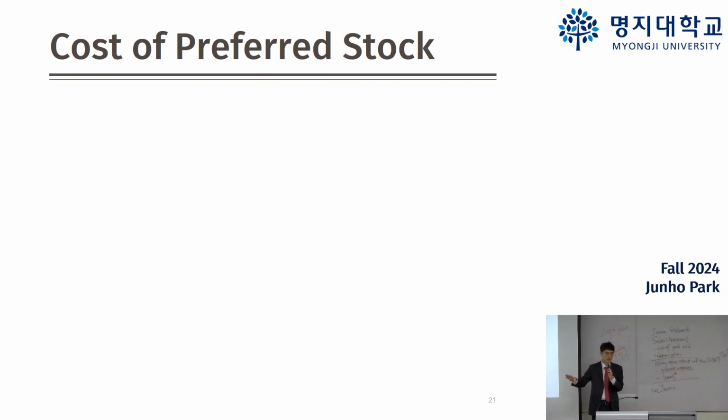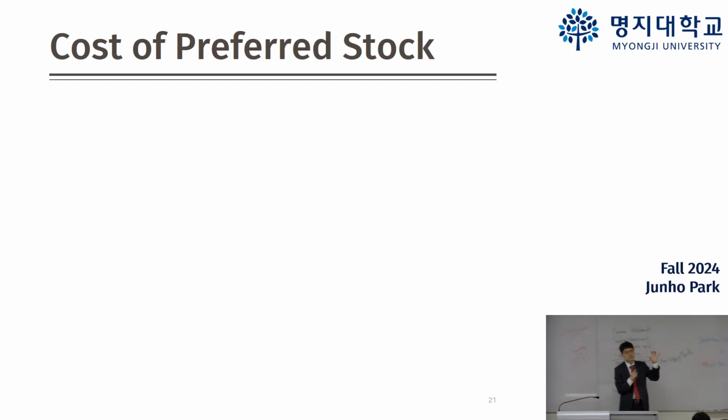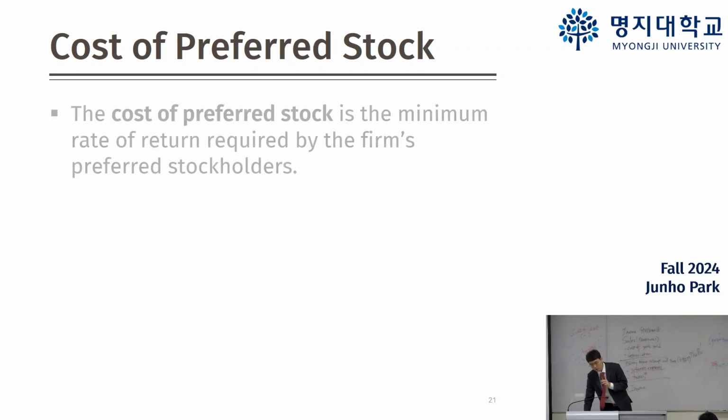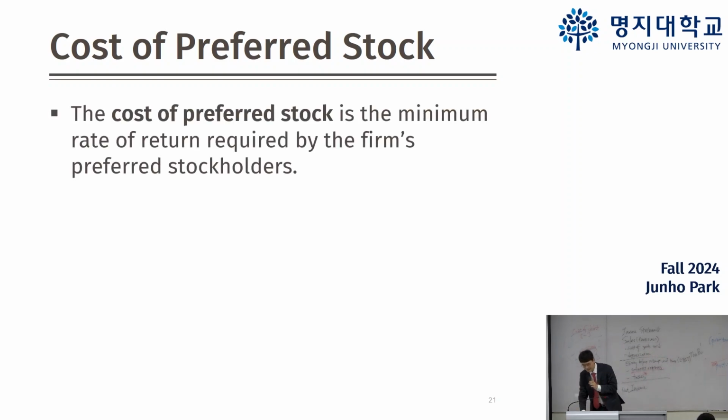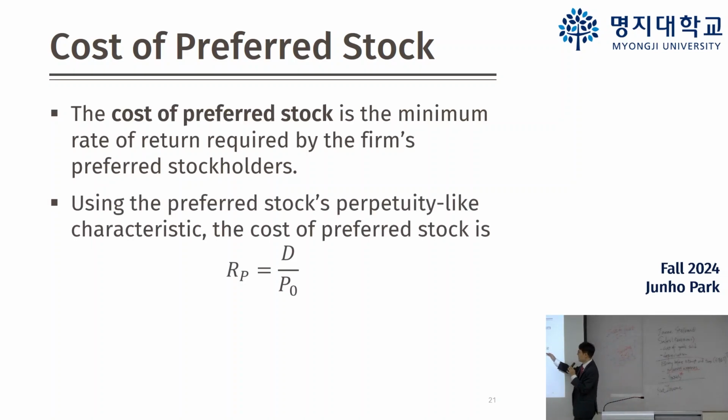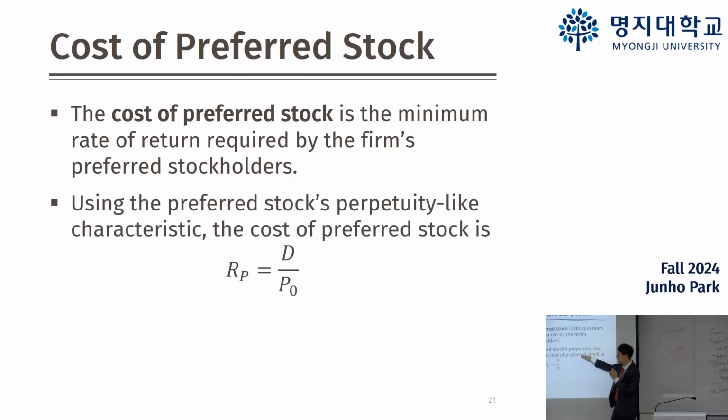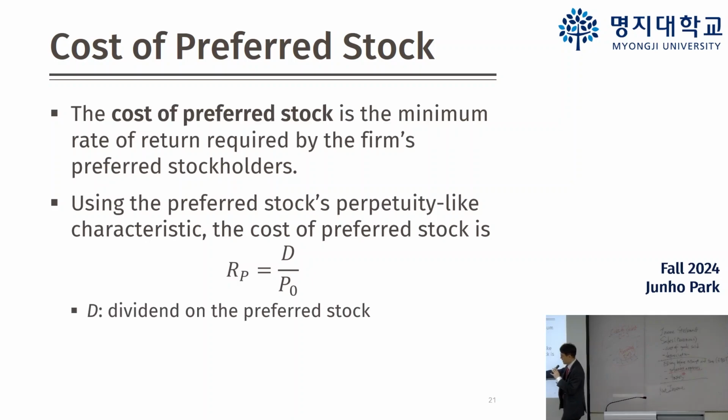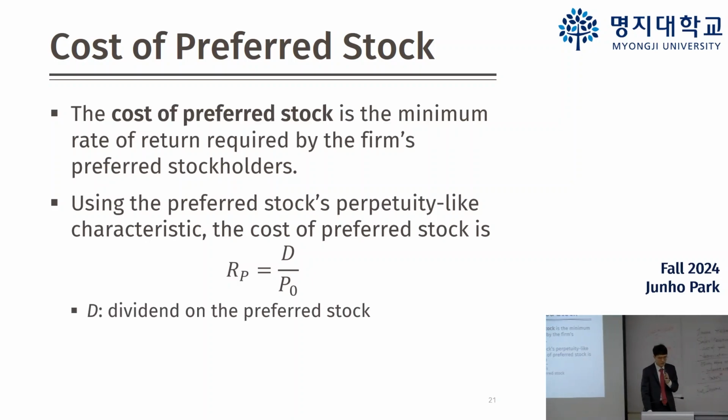However, in the case of preferred stock, when they make preferred stock, they specify the dividends for it. Therefore, the cost of preferred stock is also easy to obtain because they have a specified dividend level. You can easily calculate their rate of return.